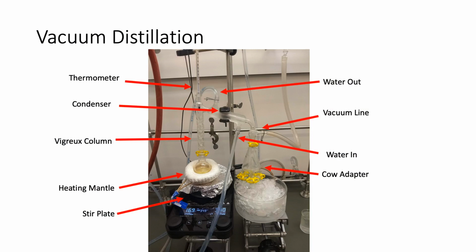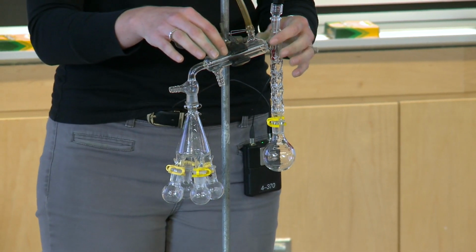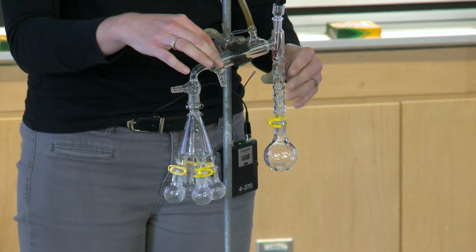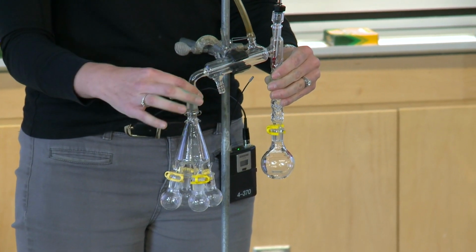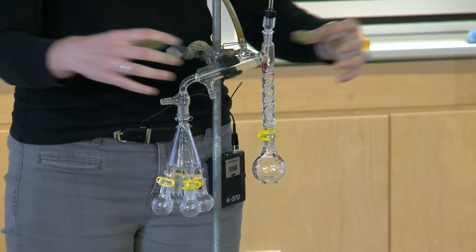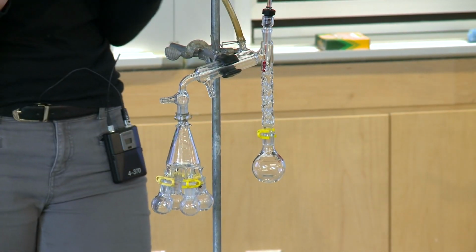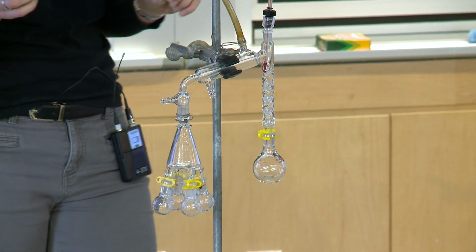So this distillation setup is identical to the one that you will be setting up in the lab. And this is kind of nice because the glassware is all sealed together. So your column, your condenser, and your distilling head over here have all been made as one piece, so you have fewer joints where you could lose your vacuum.